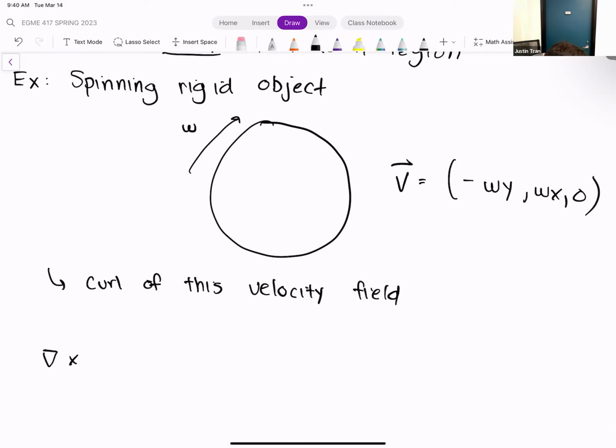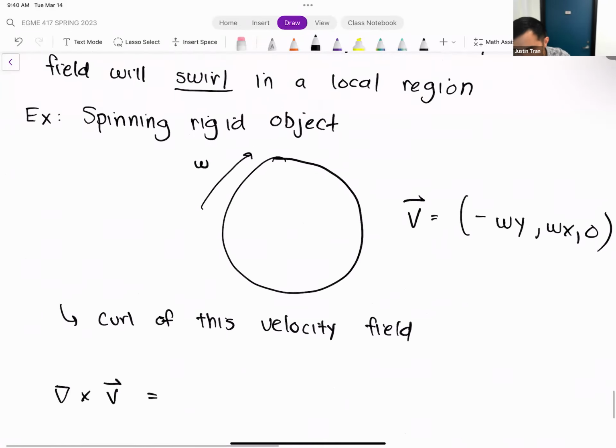So we can take the cross product of the nabla and the vector. This one's actually quite simple to compute. You can plug this into the equation up here.